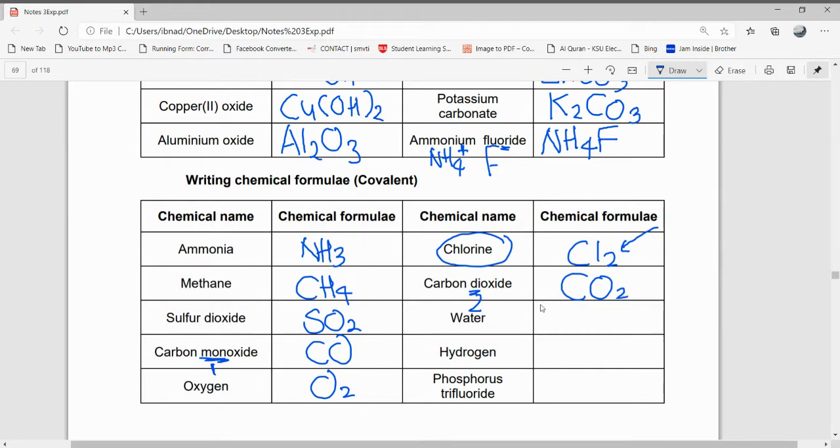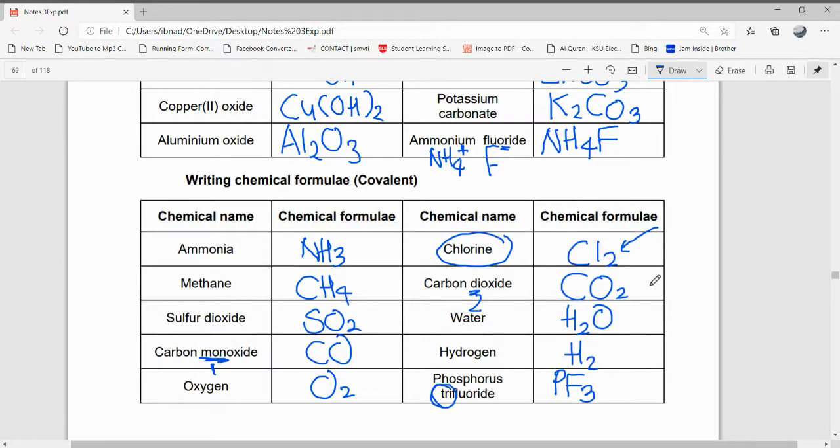Water is simple, H2O. Hydrogen, H2. Phosphorus trifluoride is PF3. The word tri means three. So you need to recall this before we go to the chemical formula.